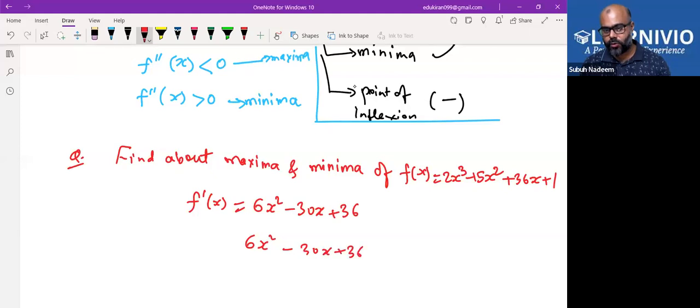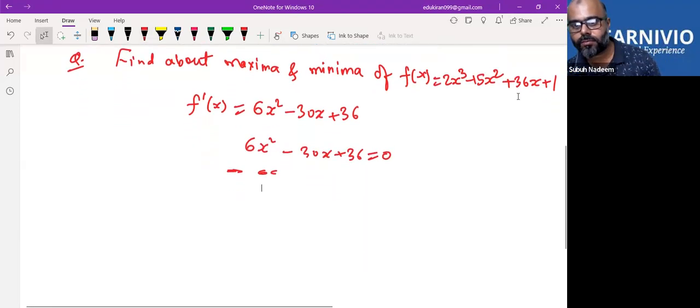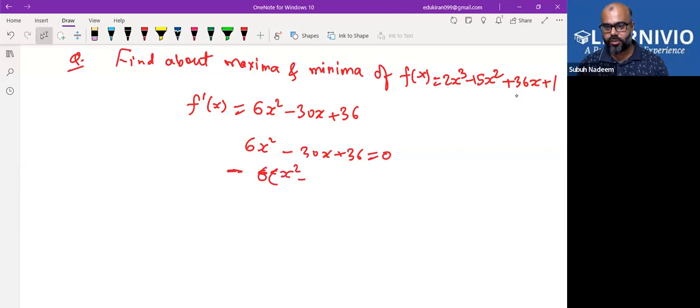So we equate it to 0 and we take 6 common and it will become 6 outside, x square minus 5x plus 6 equal to 0. Now we will do the middle term splitting.